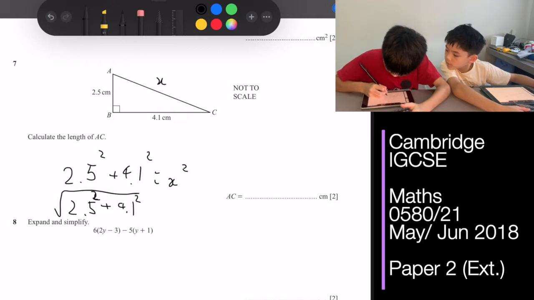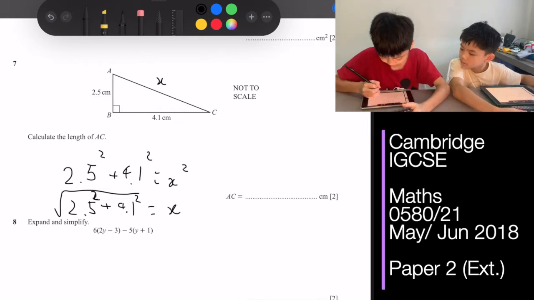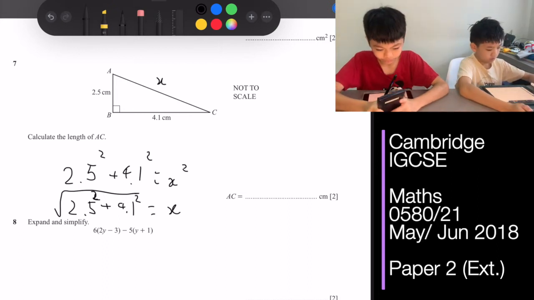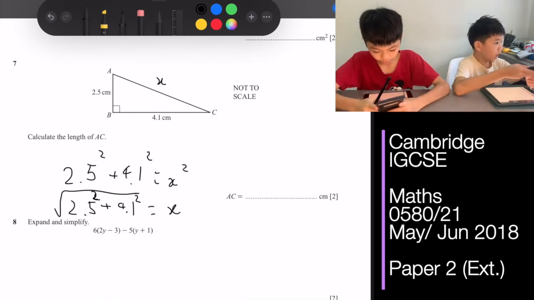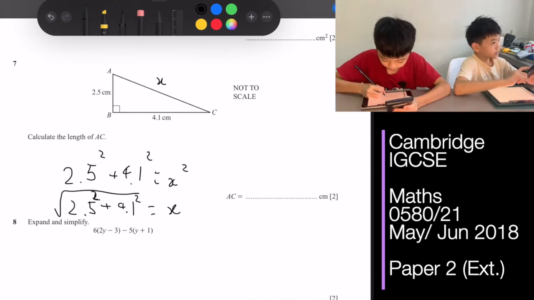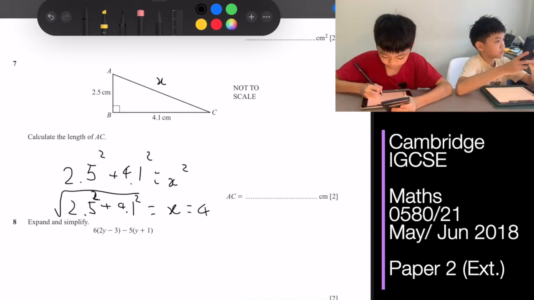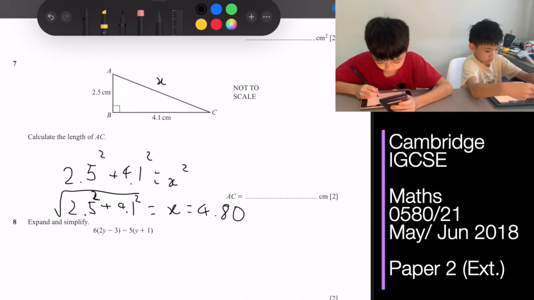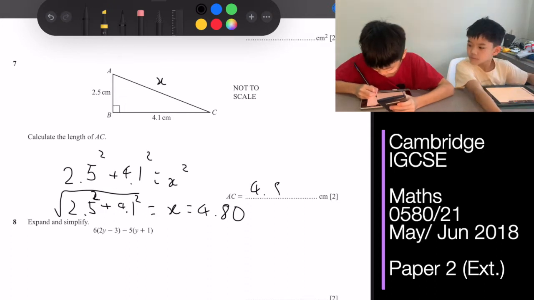Then we just find what x is. So 2.5 squared plus 4.1 squared is 4.802. You know what? Just write 4.8. It's simpler.